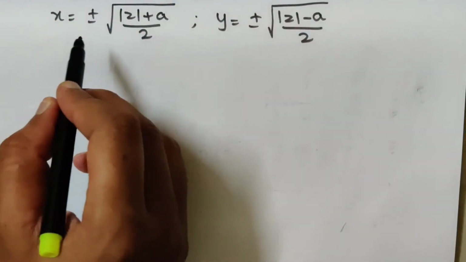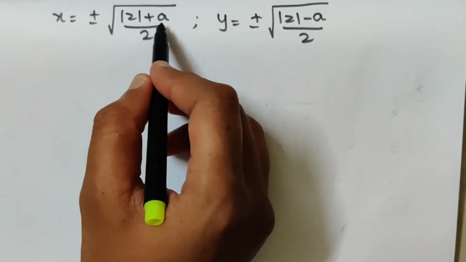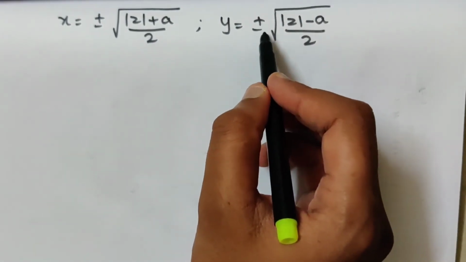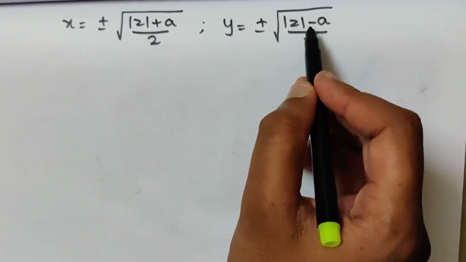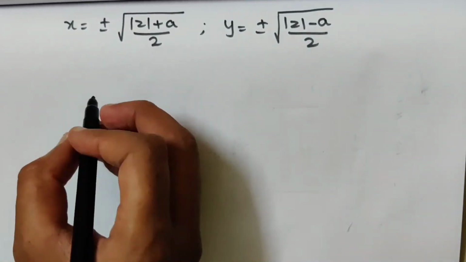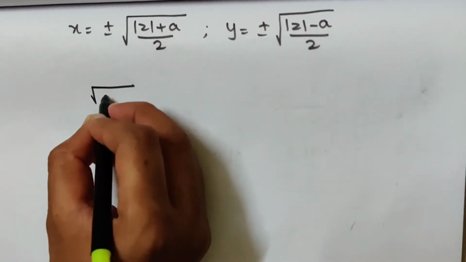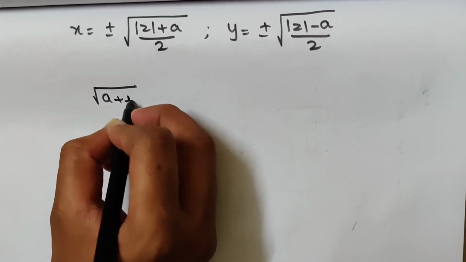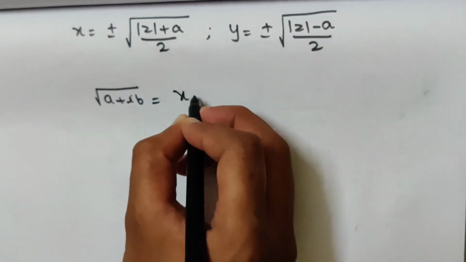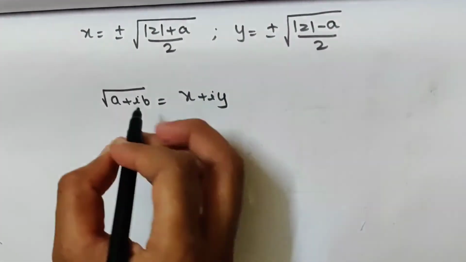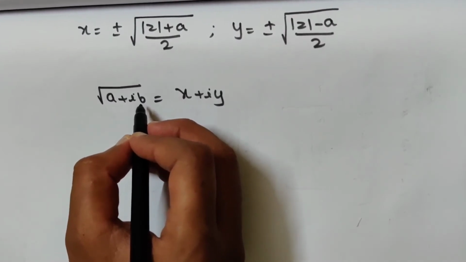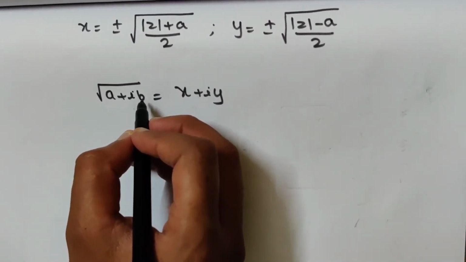x is equal to plus or minus root of modulus of z plus a by 2. y is equal to plus or minus root of modulus of z minus a by 2. Already we had written square root of a plus ib is equal to x plus iy. From the second equation, b is equal to 2xy.